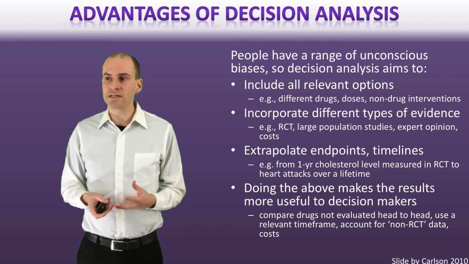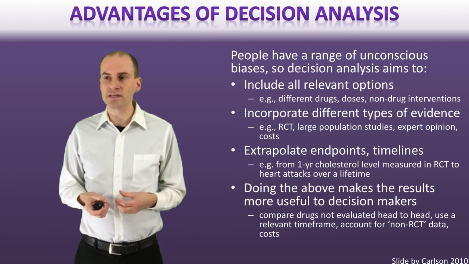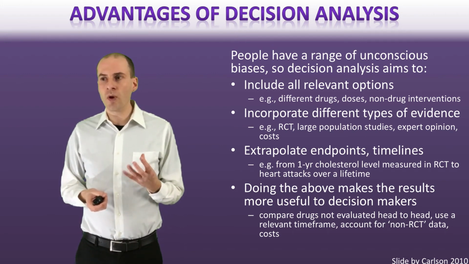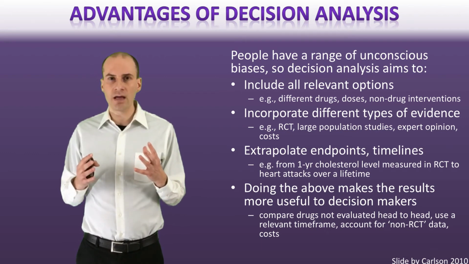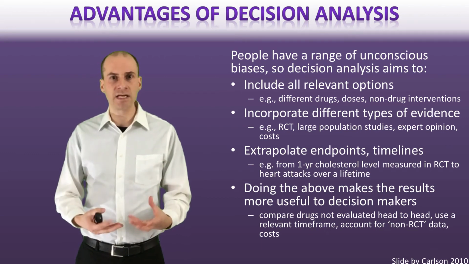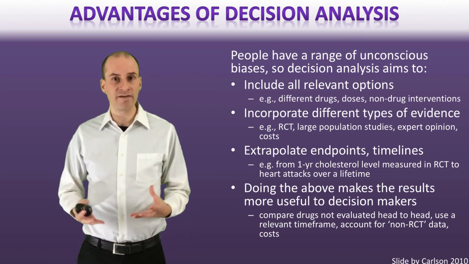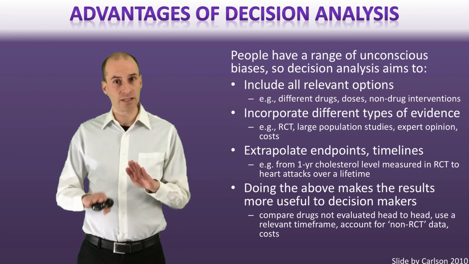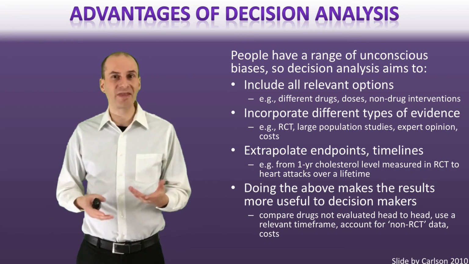One is that we as people have a lot of different unconscious biases. And what decision analysis can do is help us to minimize those biases in addressing these decisions. I mentioned before the duty to save bias in this. This sort of takes a more balanced, neutral approach to that, whether you like that or not.